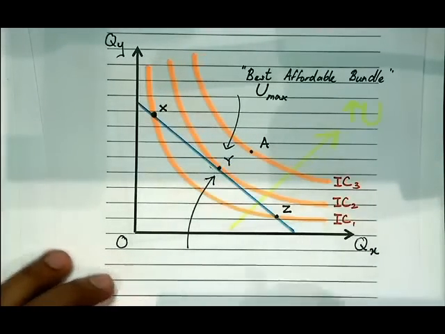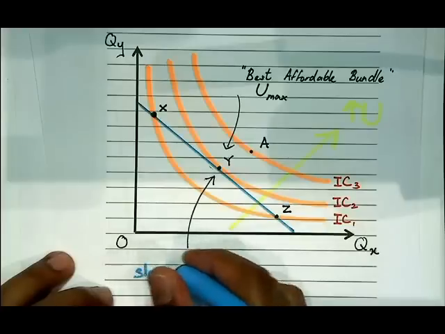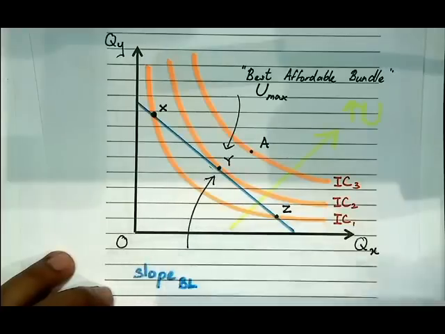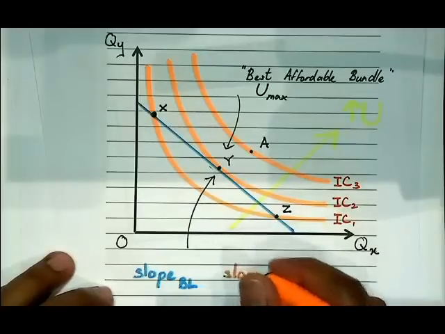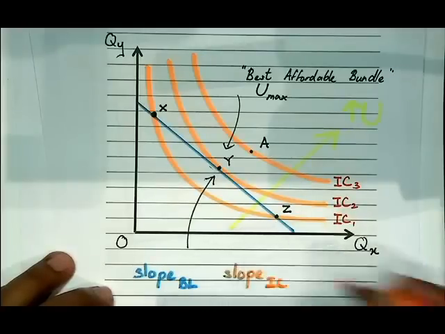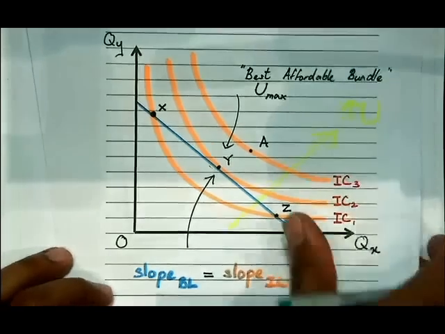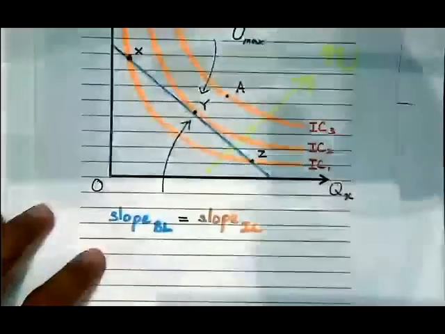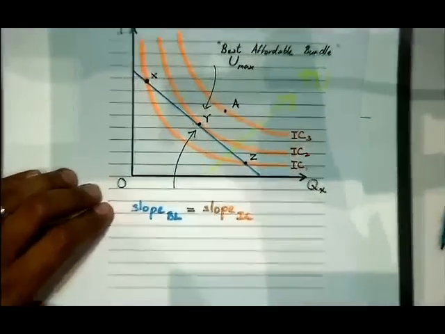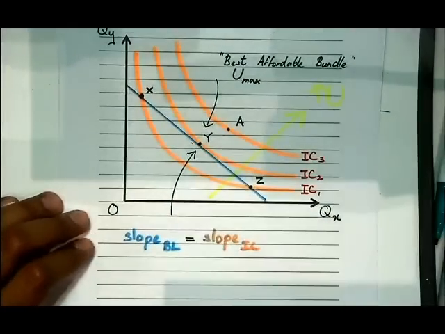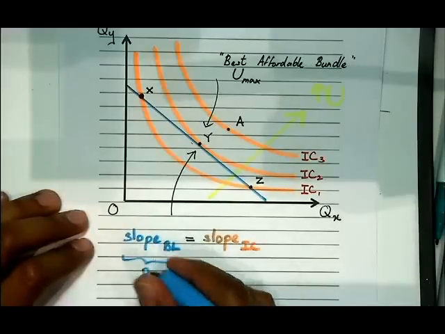So at Y, the slope of the budget line and the slope of the indifference curve are just equal at that point. What do we call the slope of the budget line?